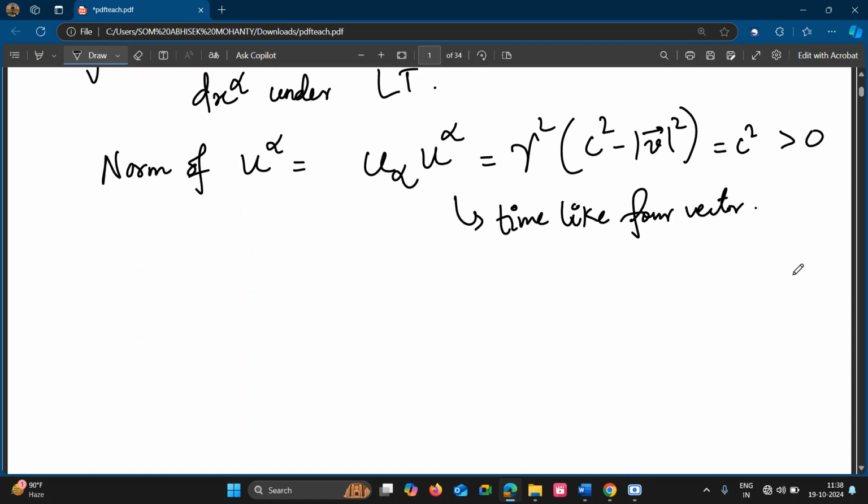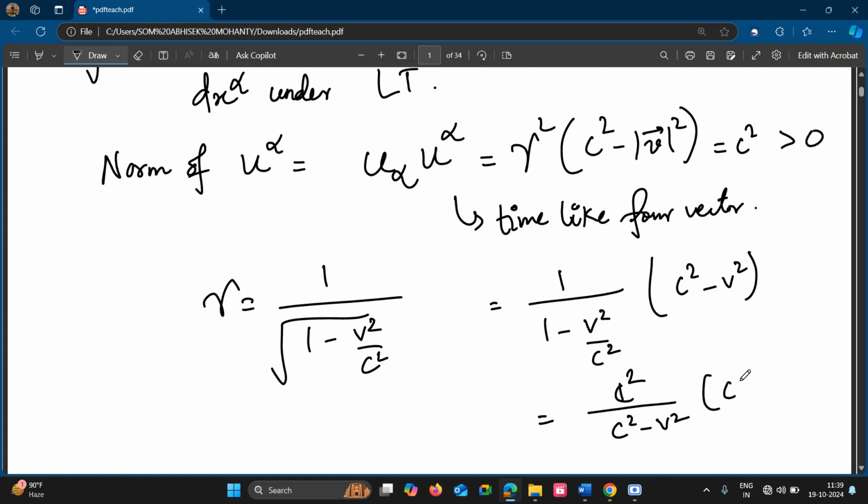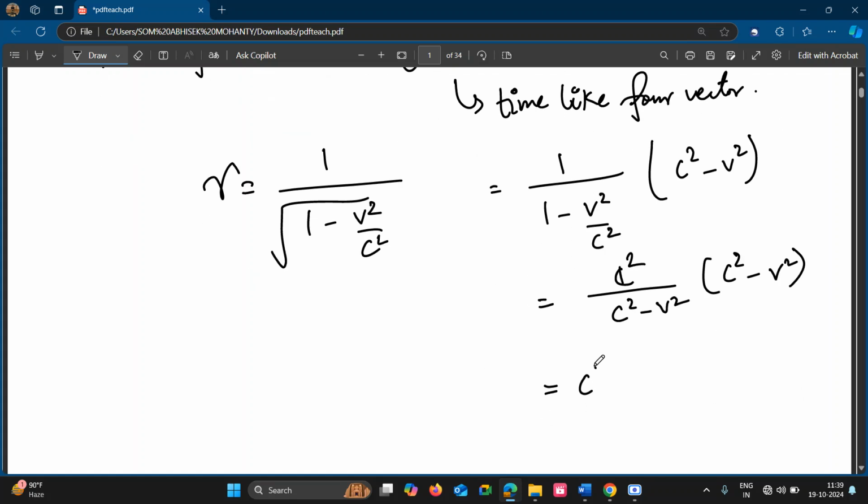How is it equal to c square? Because we know gamma is 1 over the square root of 1 minus v square by c square. If I put it here, it is eventually 1 by c square minus v square, with c square going up, so c square into c square minus v square divided by c square minus v square. So it is eventually c square, which is greater than 0.